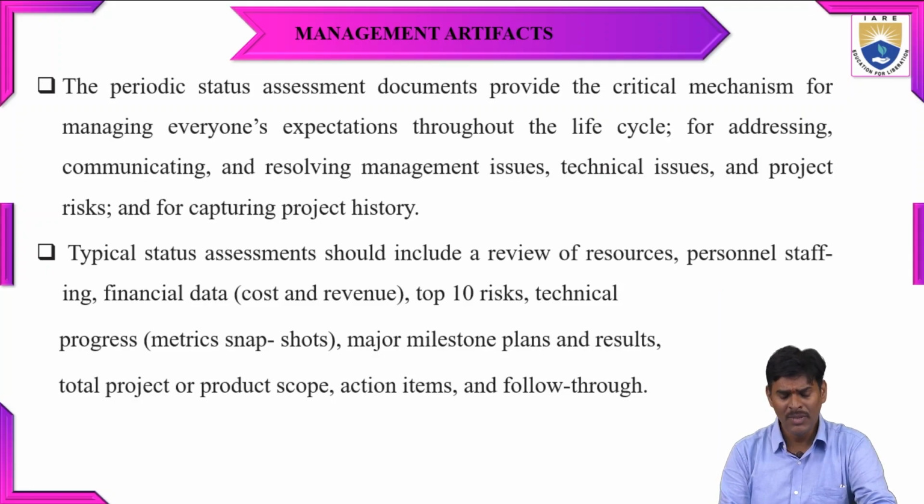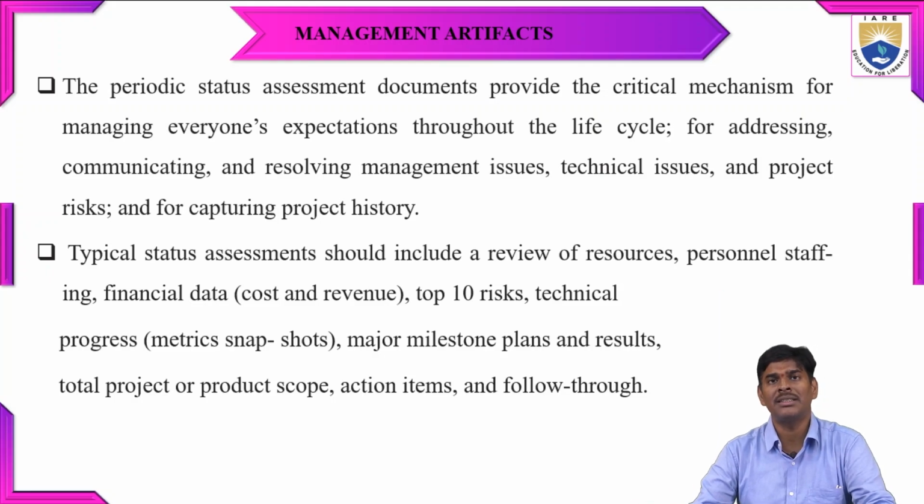Technical progress means taking some metric snapshots, major and minor milestones, plans and results, total project or product scope, action items, and each and every data has to be in the typical status assessment.